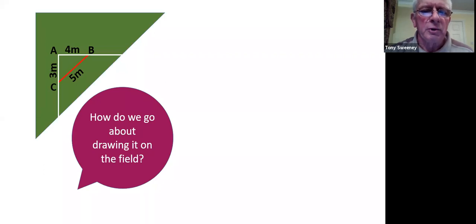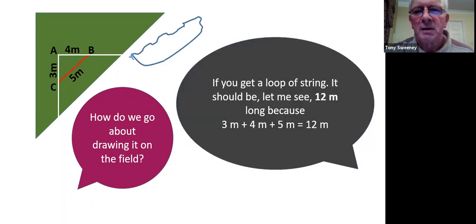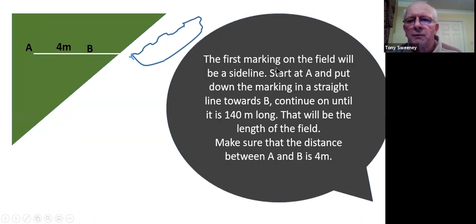How do we go about drawing it on the field? If you get a loop of string, it should be 12 meters long, because 3 meters plus 4 meters plus 5 meters is equal to 12 meters. The first marking on the field will be a sideline.